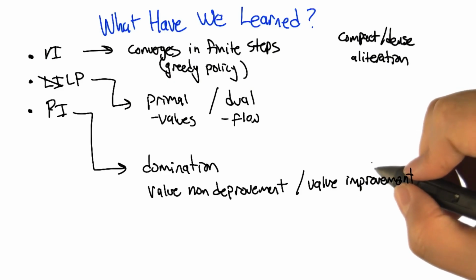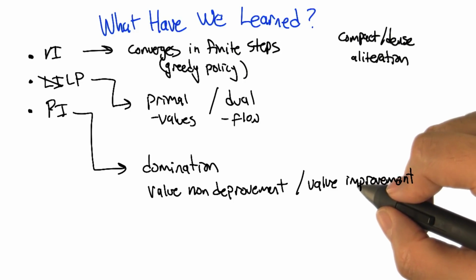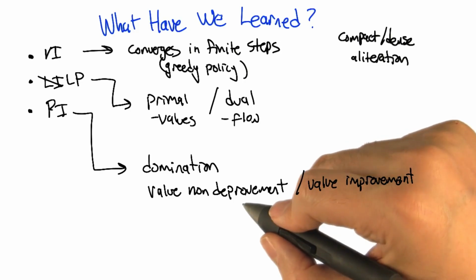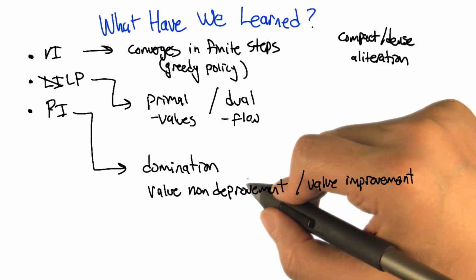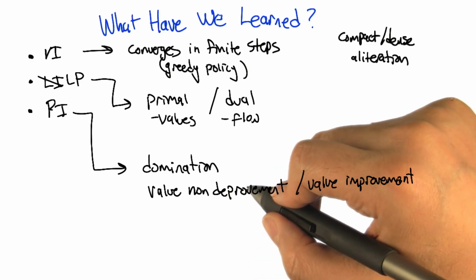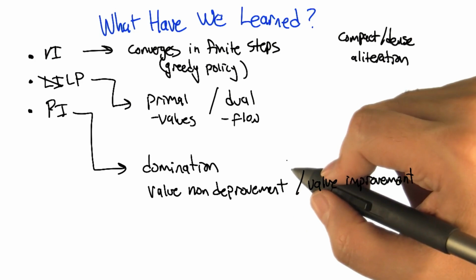That's right. And we argued that we'd actually get strict value improvement anytime that we didn't have a policy that was already optimal. If it was already optimal, then a step of policy iteration resulted in value non-deprovement, which is just our broken way of saying it doesn't get worse. It might not get better, but it doesn't get worse. Yeah, it's like a monotonically non-decreasing function.